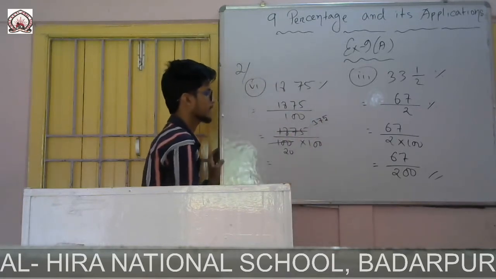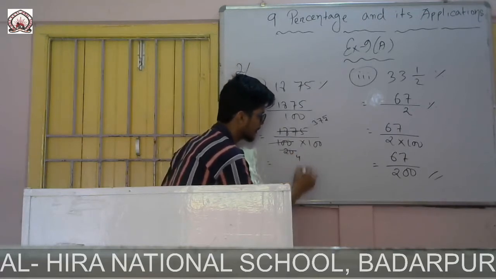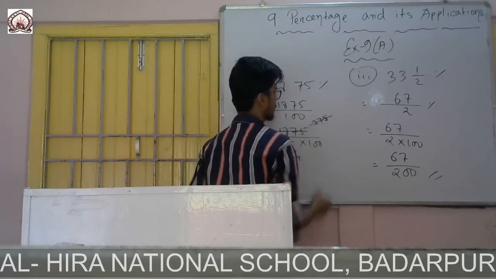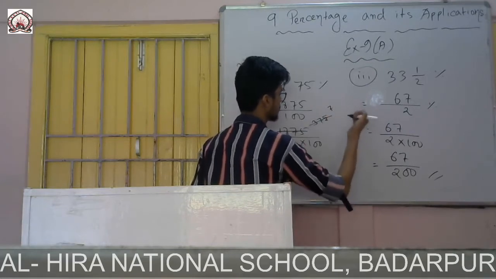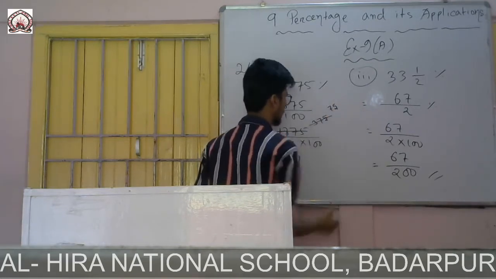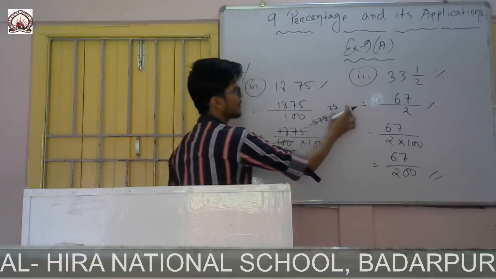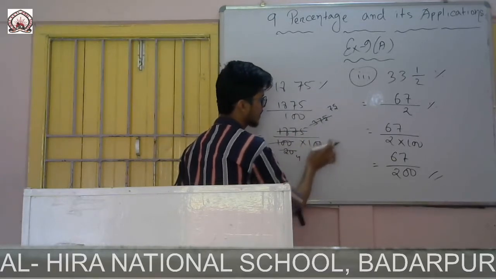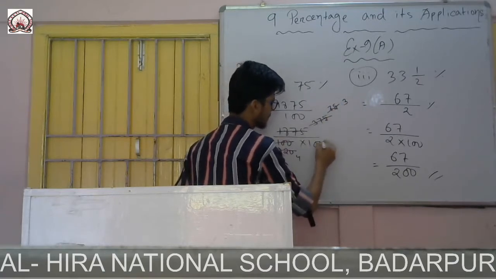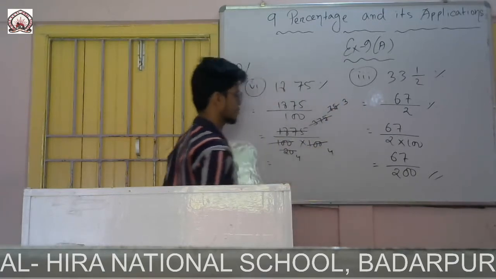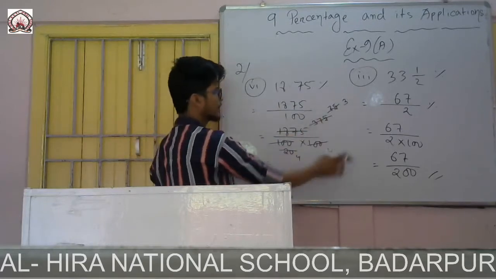Now again I can cancel with 5, 5 4s are 20. Now 75, if I cancel with 25, 25 3s are 75 and 25 4s are 100.